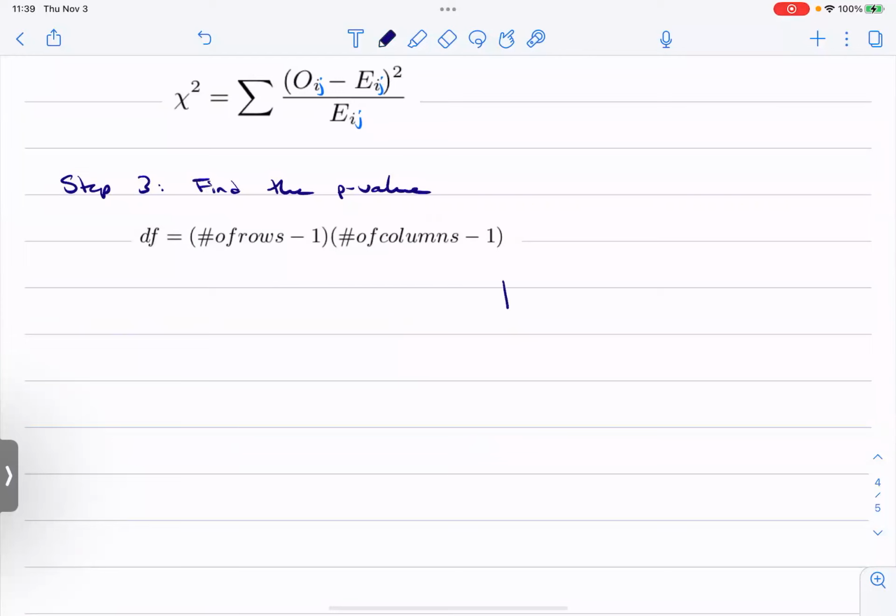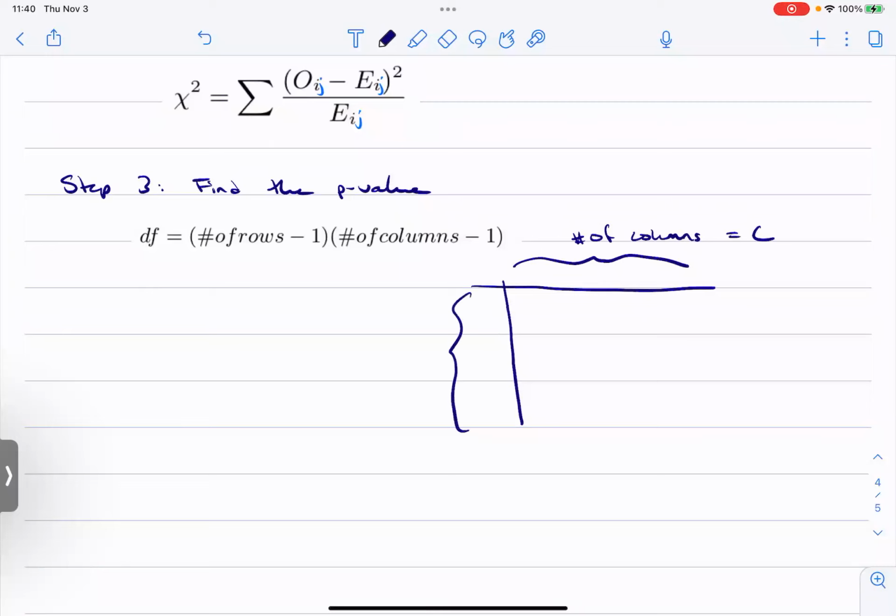Just in case it's been a while since you talked about tables, this is the number of columns, which we usually denote by C, and this is the number of rows, which is usually R. You'll have this formula on your formula sheet, so you don't need to remember this, but R minus 1 times C minus 1, I just find it's a little bit cleaner to look at.